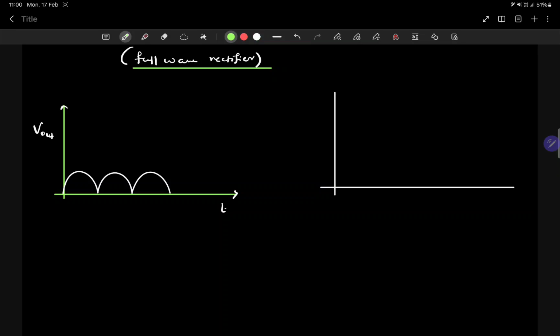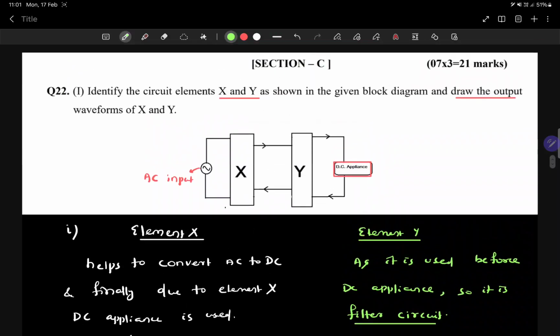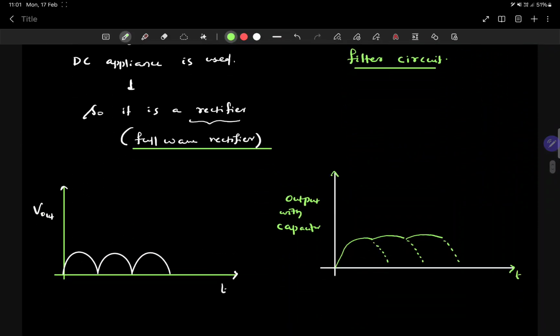Okay, so on the Y axis you have to mention output with capacitor, and this is your time axis, and the diagram is like this. Okay, so this is about your question number 22, bit I.